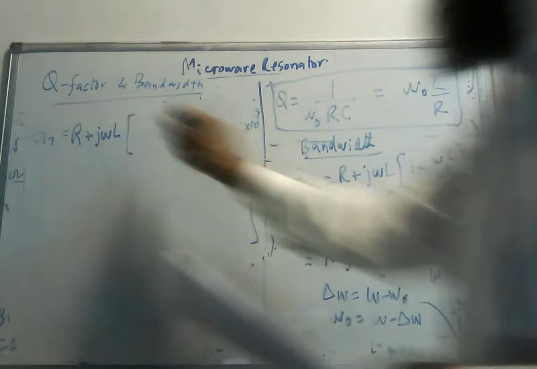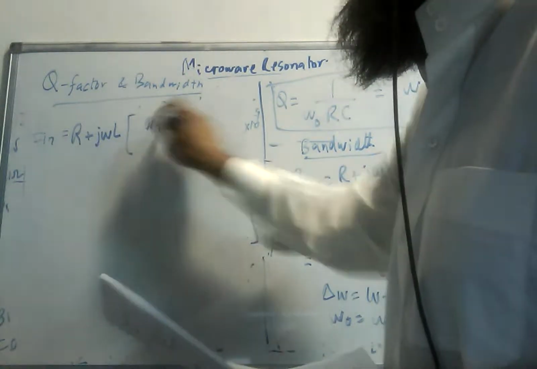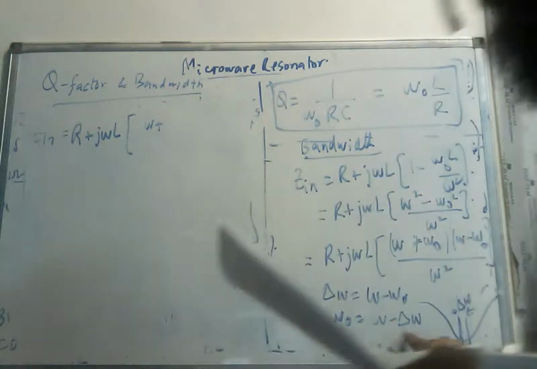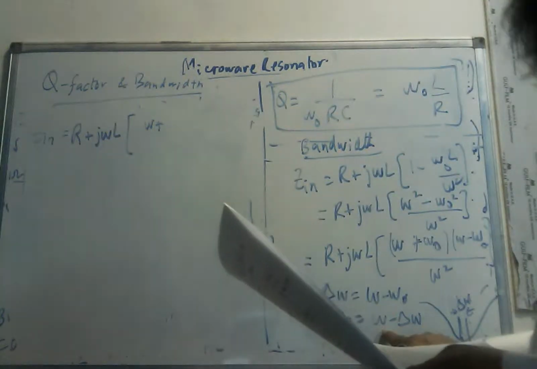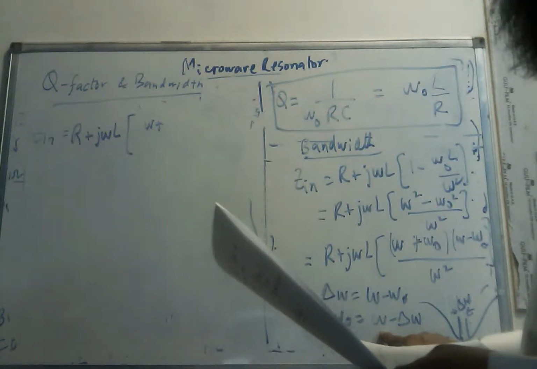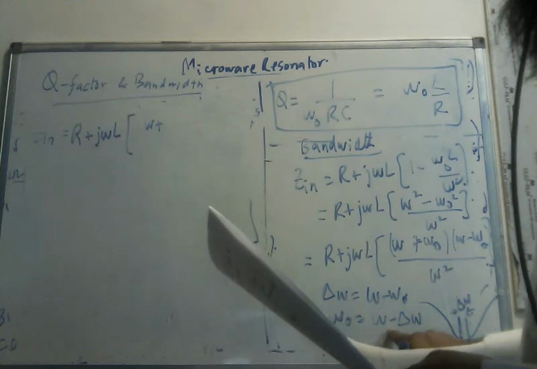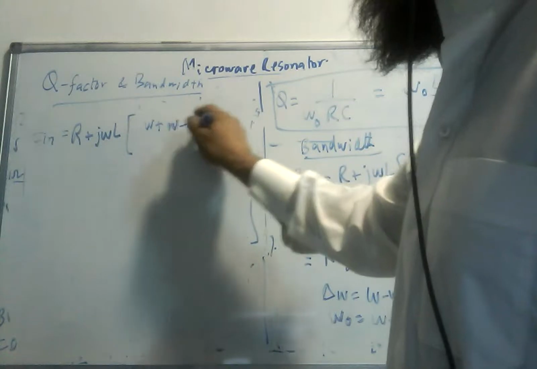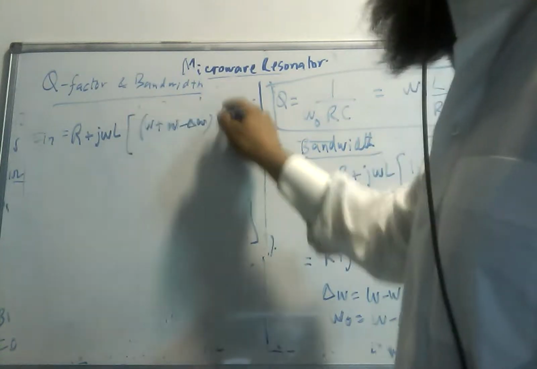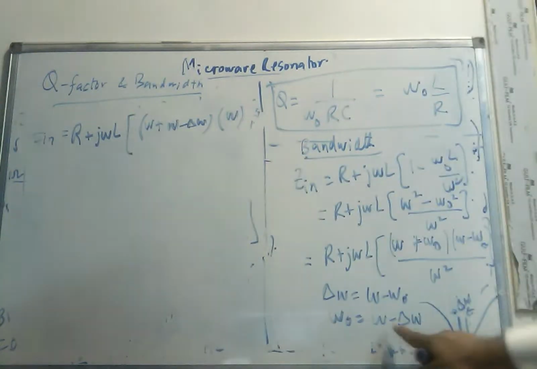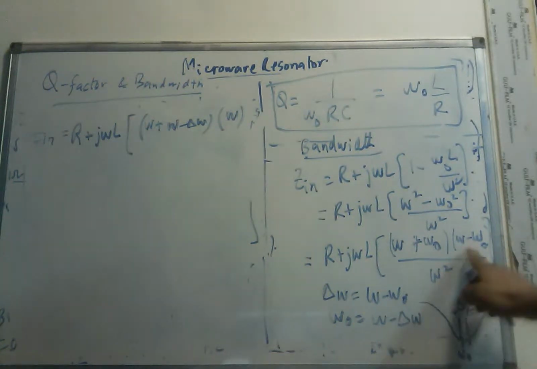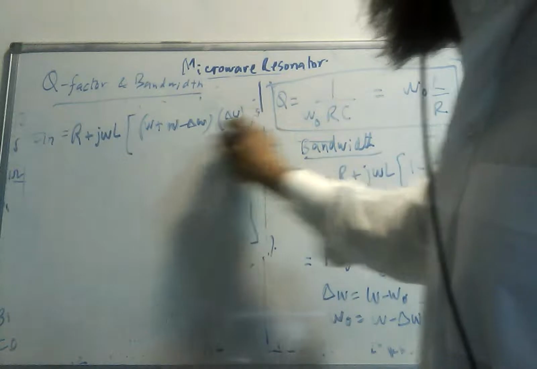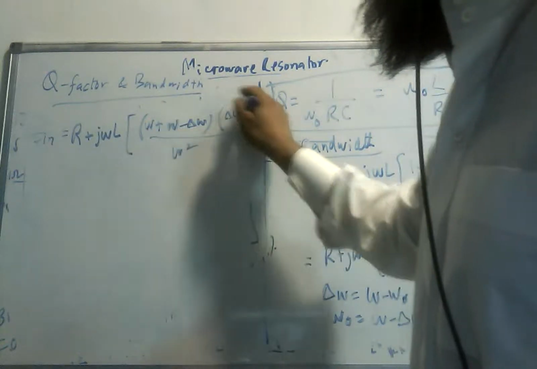So omega plus omega naught is omega plus omega minus delta omega, and multiply by delta omega, divided by omega square.